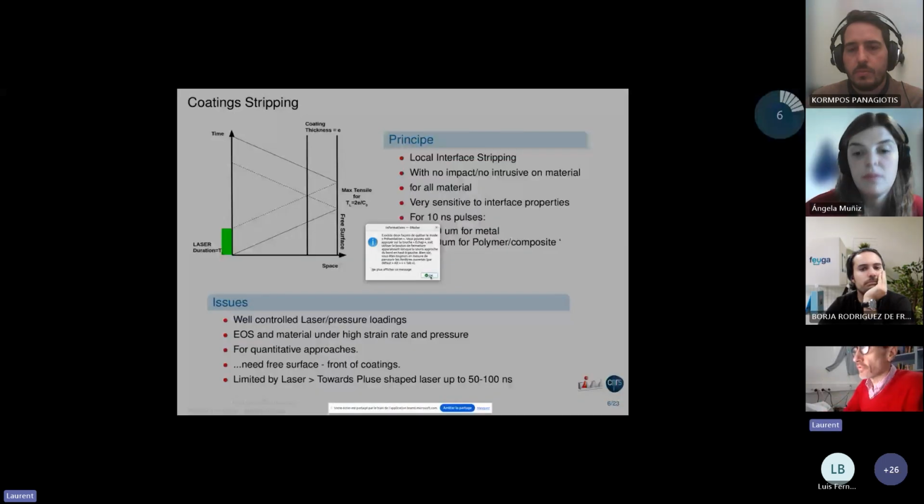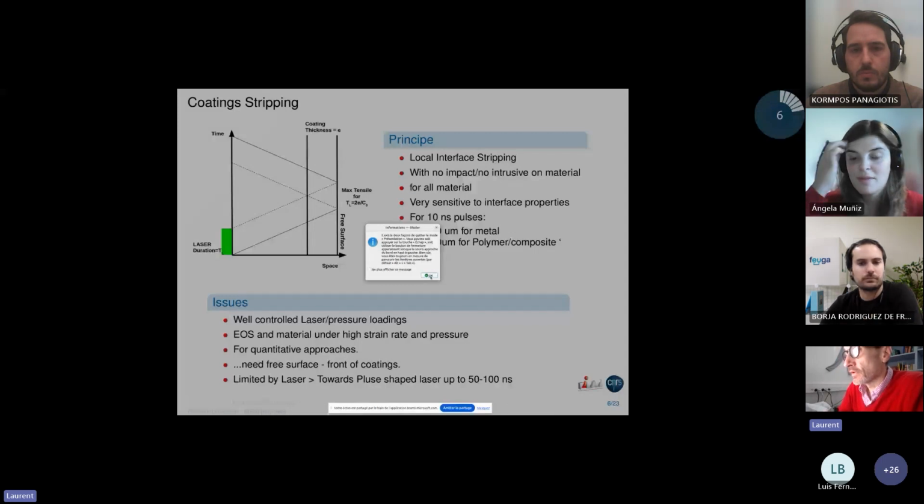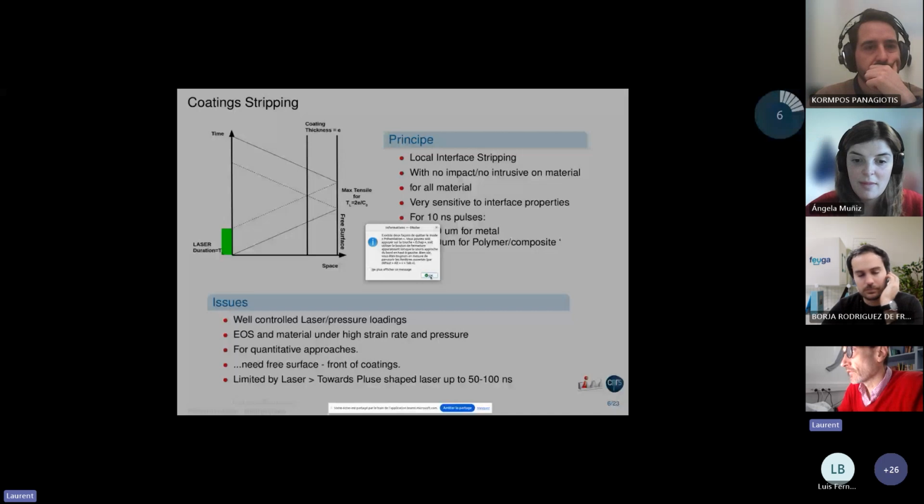So this is a space-time diagram showing the stresses inside the materials as a function of depth and time. Here we can see that the shockwave propagating inside the material is reflected at the rear free surface as a release, due to the conservation laws at the interfaces.